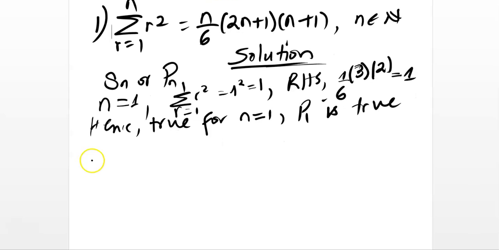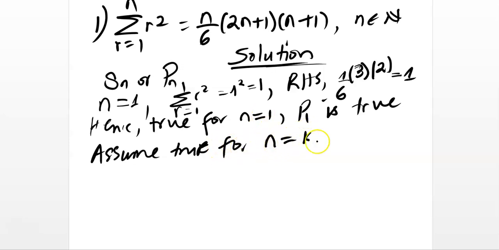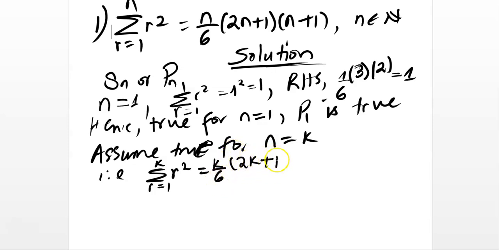The next step is we assume it is true for n is equal to k. If we assume that it is true for n is equal to k, what does that mean? That is, we are saying that the sum for r is equal to 1 to k of r squared is equal to k over 6 into 2k plus 1 into k plus 1.